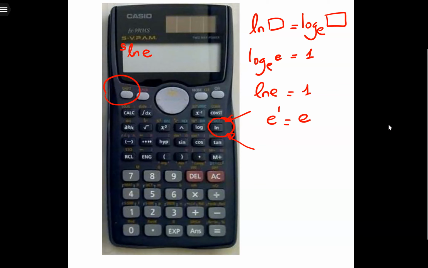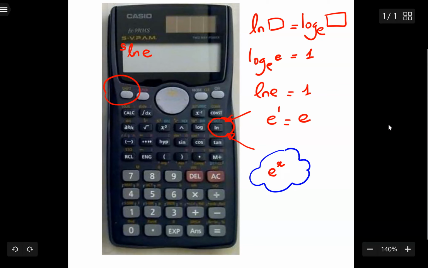But this is a very important step. Don't forget, the key above that when you press shift is the e to the x. So this calculator wants you to make sure that you always involve the exponent x. In this case, what do you have for the exponent of e? Which is 1. So I need you to press the key 1 right away beside it.